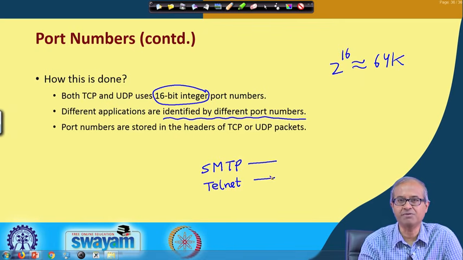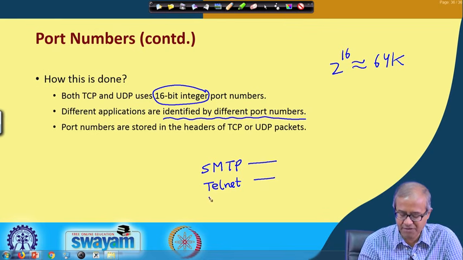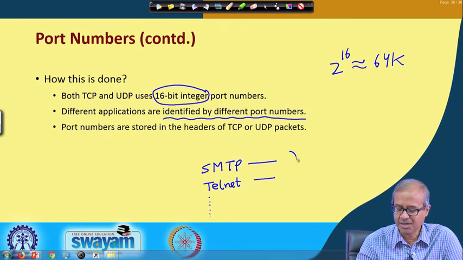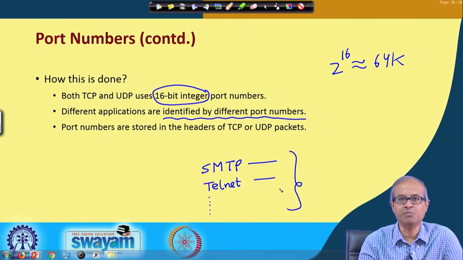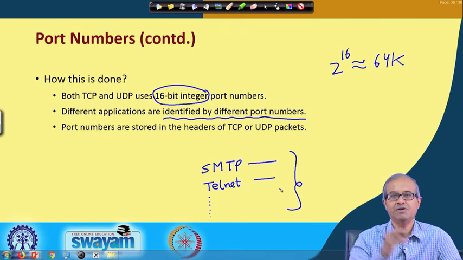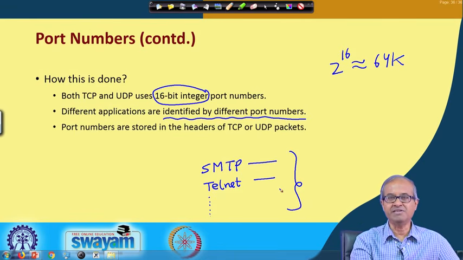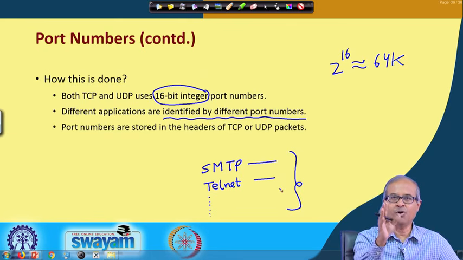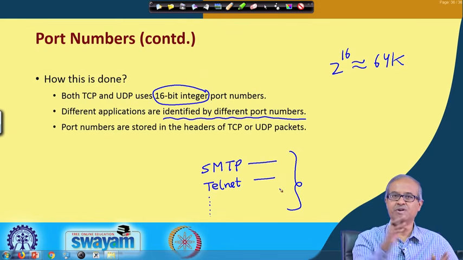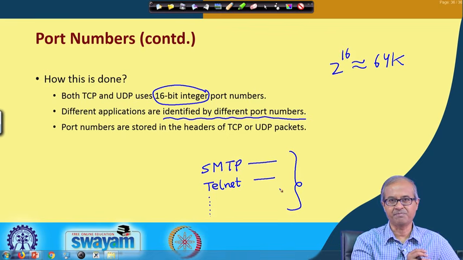Telnet will be having some unique port number. And if you think of any other kind of network application, the common ones will be having some unique port numbers. So that suppose I am trying to send a mail, I know that is my mail server, I always know that my mail server will be working on port number so and so, port number 25 or something, whatever.